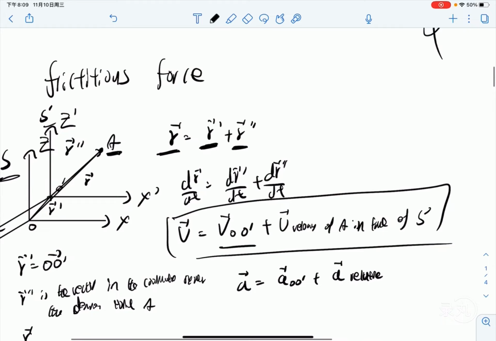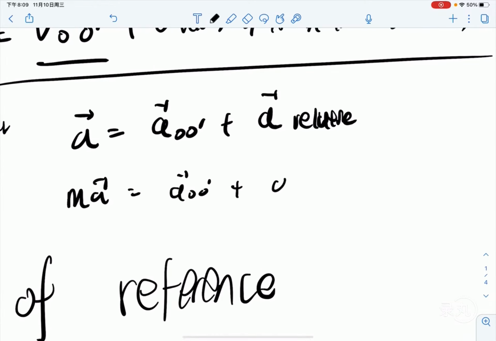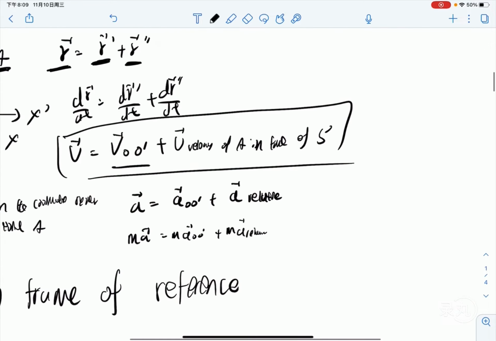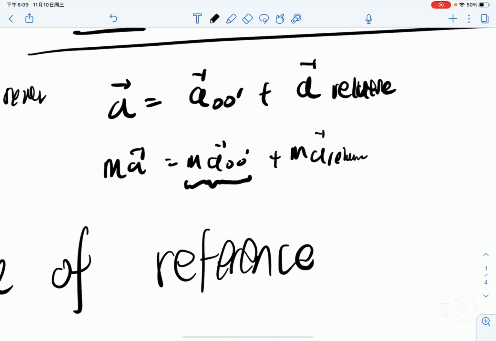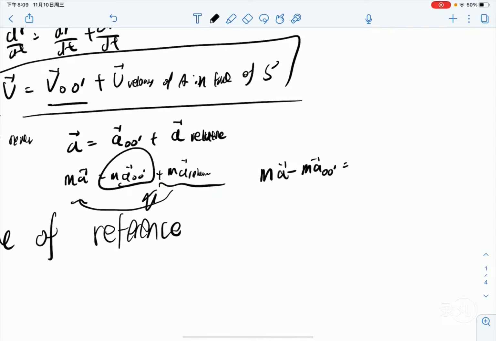And now if we multiply m by both sides, plus A relative, we can see that we define this as a force. If we move this side to that side, we have ma minus ma prime is equal to ma relative.